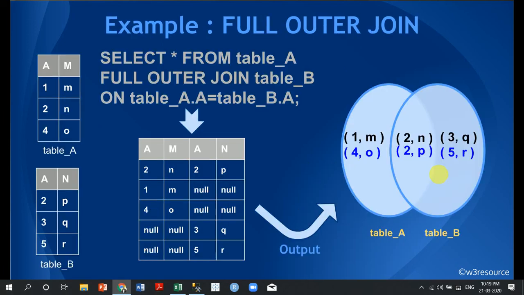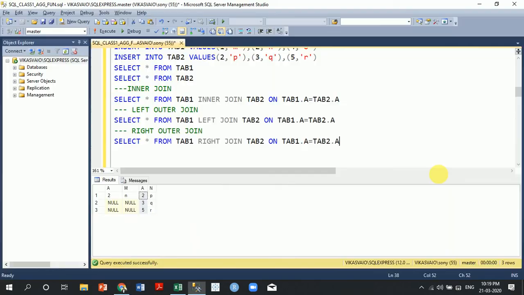So for example, now let's move to your query window and see the result. Okay, I'm just copying it, and we have to discuss full outer join. Now let's discuss what is happening in it.